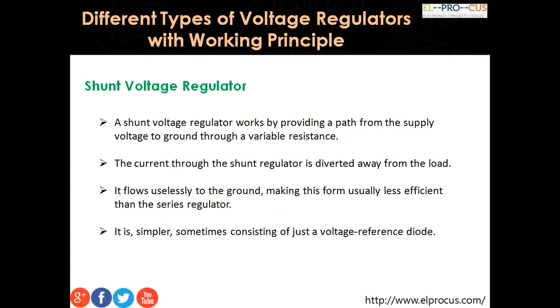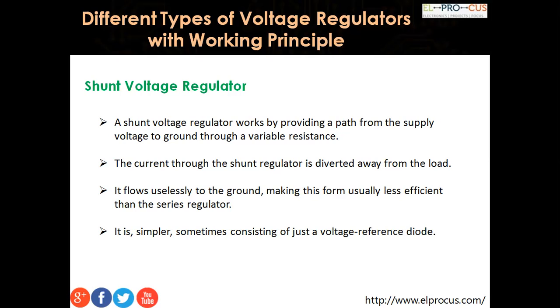What about shunt? Here we are making the shunt connection. A shunt voltage regulator works by providing a path from the supply voltage to the ground through a variable resistance, because in a shunt voltage regulator we are using a variable resistance, or we can say a rheostat.